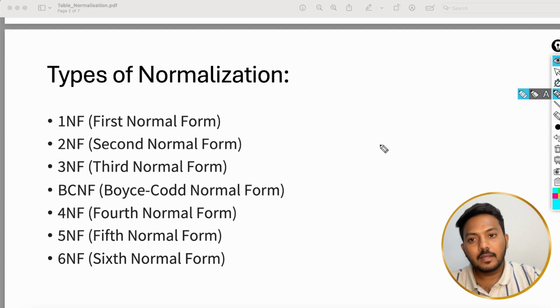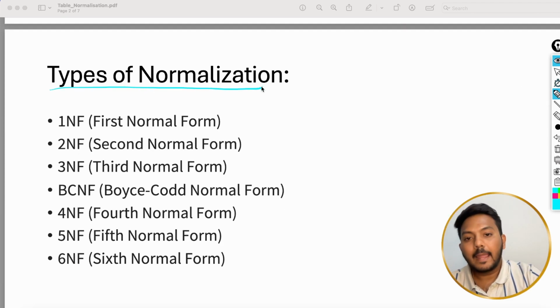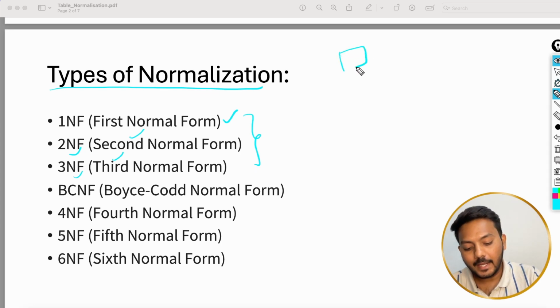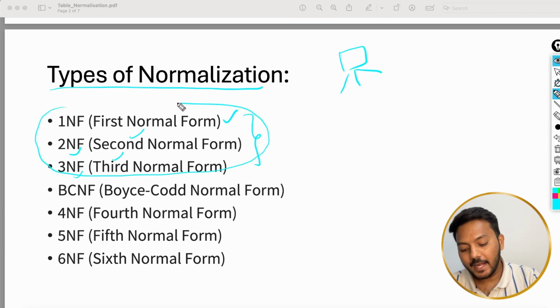At a high level, let's understand the different types of normalization techniques. We have 1NF, the first normal form, 2NF, the second normal form, and 3NF, the third normal form. These are the primary normal forms you follow to split your big data into smaller tables. If you get your table into 3NF, that means it's already good.